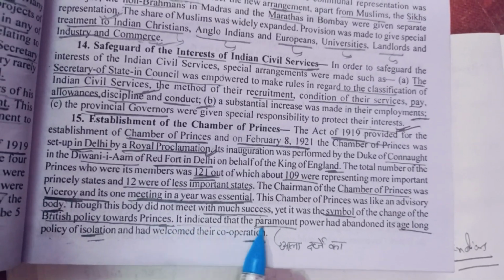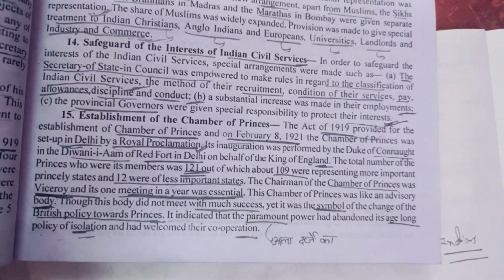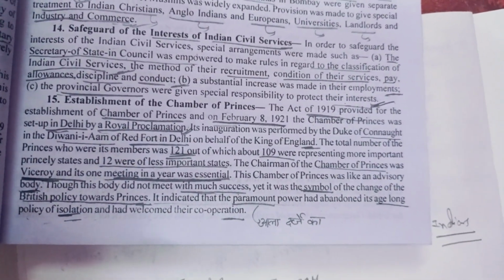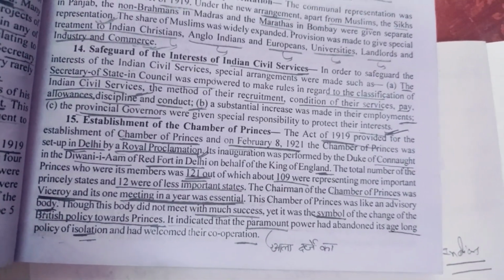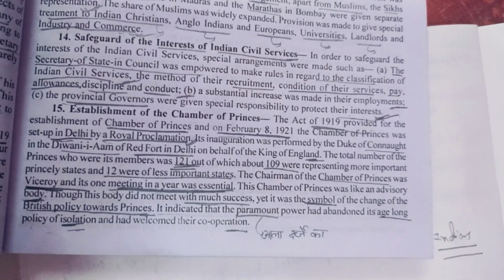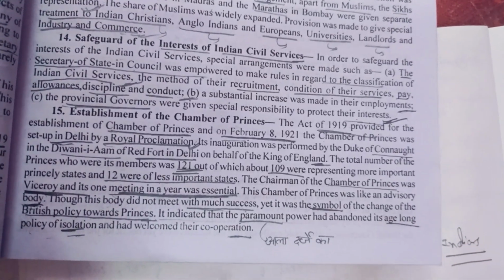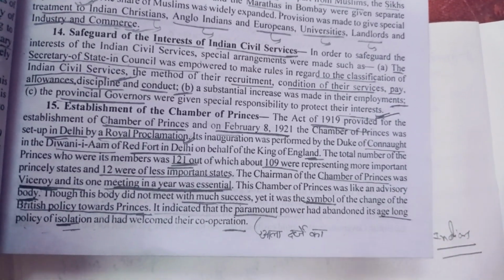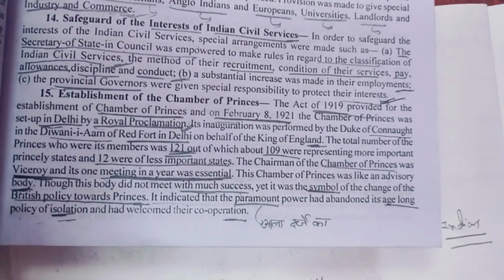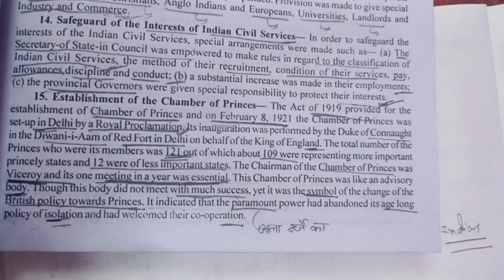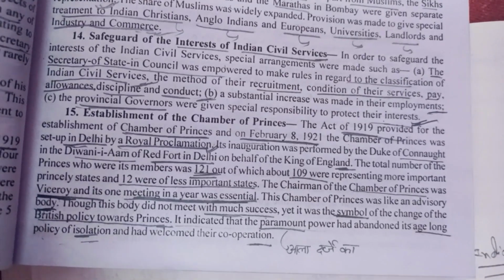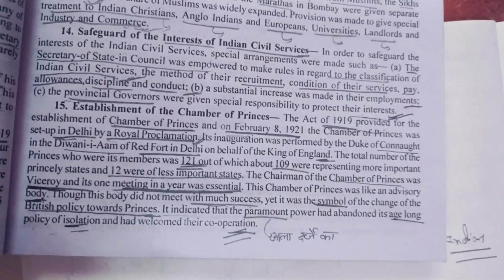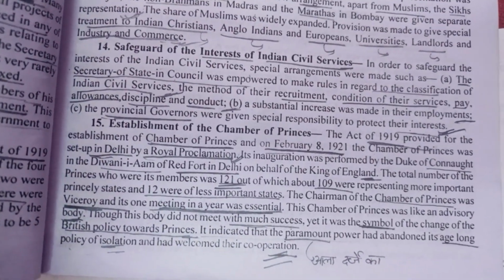The statement is saying that these improvements in the Act of 1919 show that a very strong power has come out of the age of isolation. The power which was isolated to the Britishers only had come out of that isolation and welcomed cooperation, and this cooperation is basically with the Indian members and Indian princes.